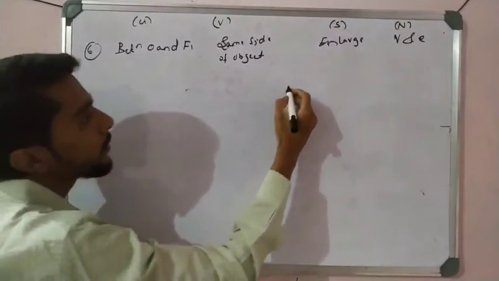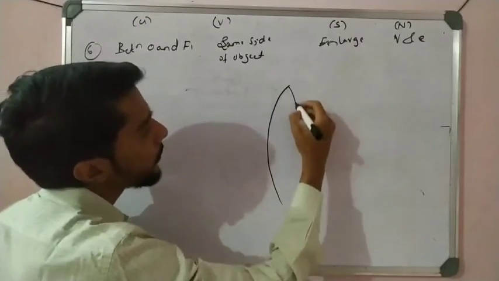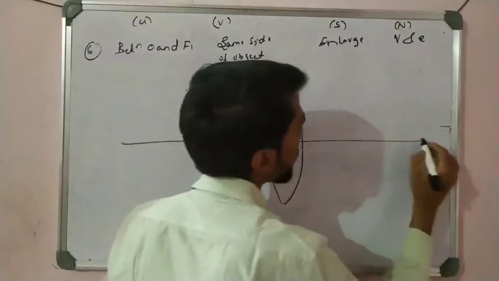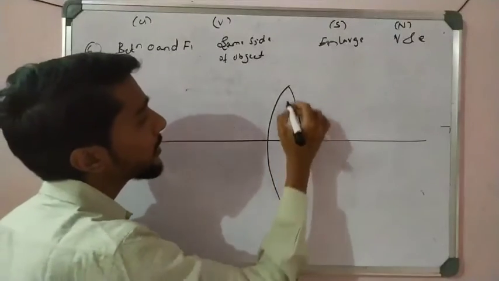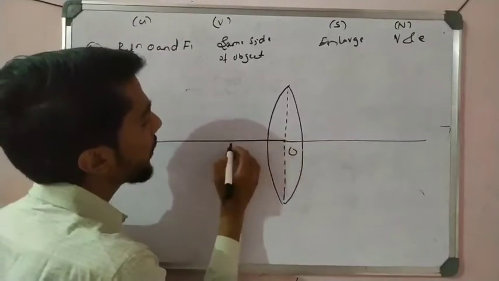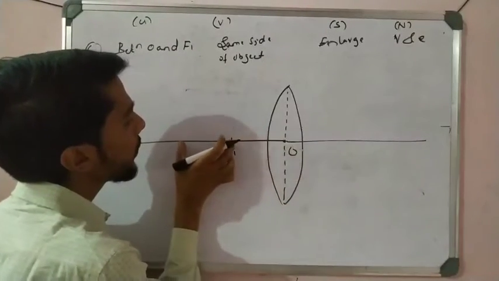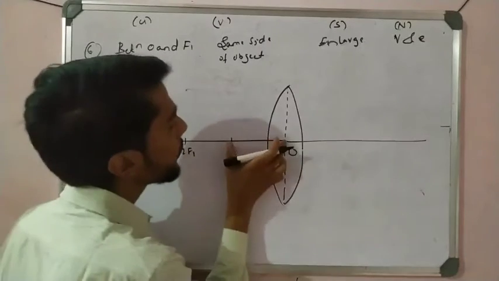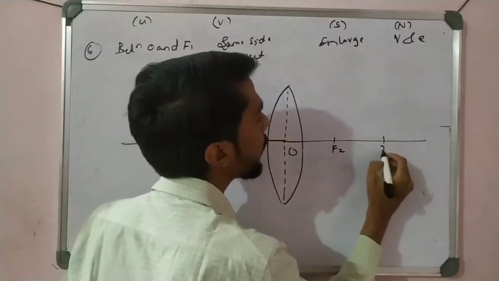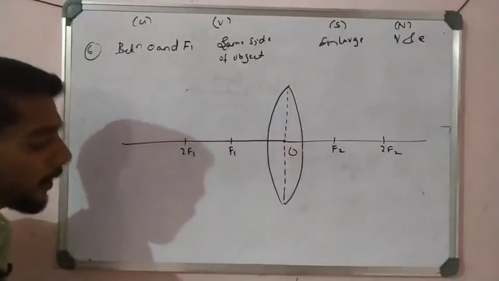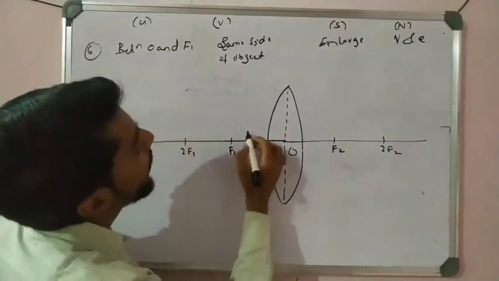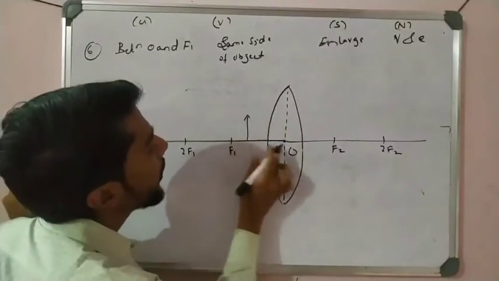So see how it is. So this is the principal axis, optical center, aperture, right? So now I take F1, 2F1, F2, 2F2, right? So now students, take here, between F1 and O, then what happens?